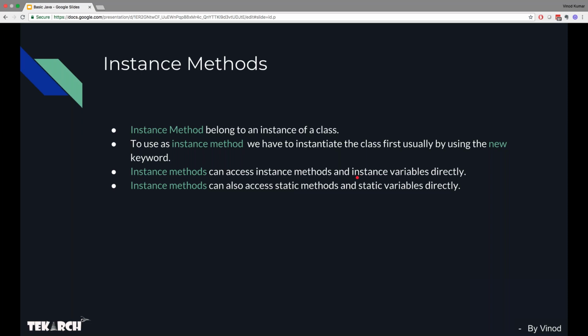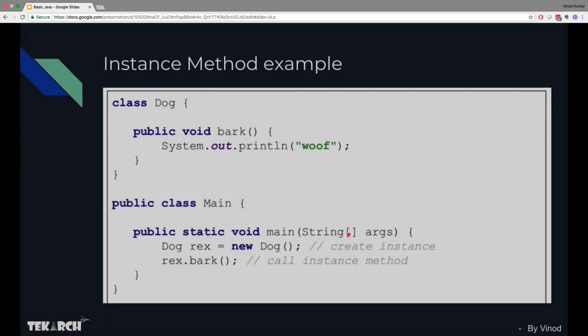Anyone having doubts? All right, so this is a simple example of what we have done so far. We have an instance, and from the instance we call the function, because this is not static.